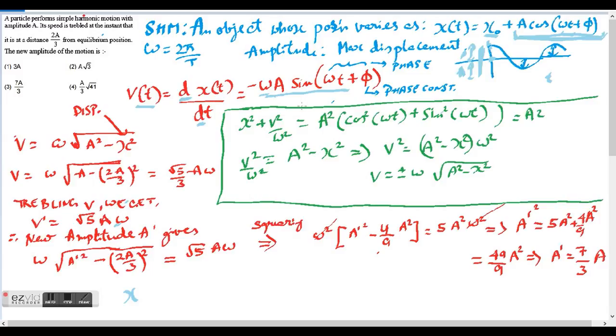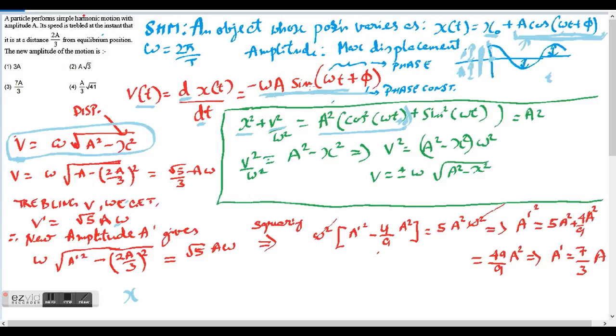So velocity is this. So I'm going to use an expression which you may have heard of, to solve this question: v = ω√(A² − x²). But I will discuss in brief how you get this expression, so you may know where it comes from. If you were to square displacement plus v squared over ω squared, what would you get? You'll get x² = A² cos²(ωt + φ) from here, and then A² sin²(ωt + φ) for v²/ω².